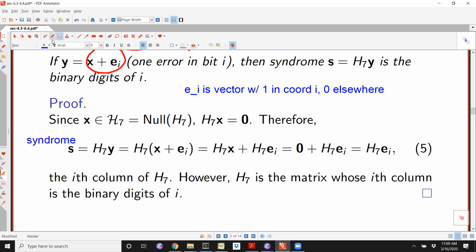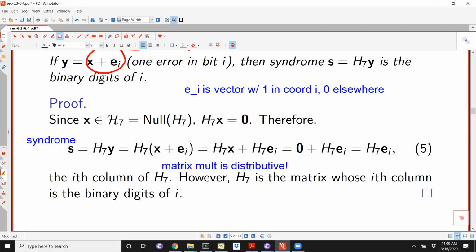Matrix multiplication is distributive. I bet you never thought that'd be useful, but there it is.